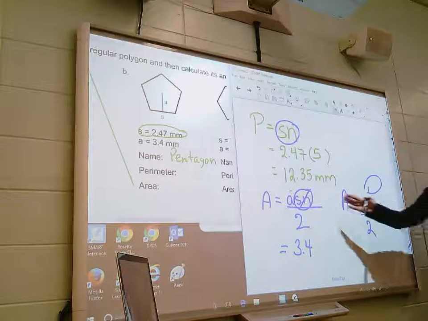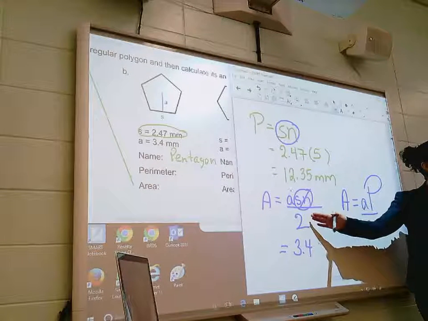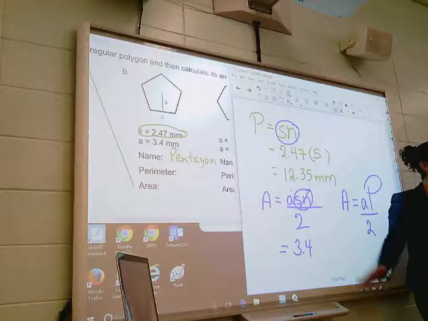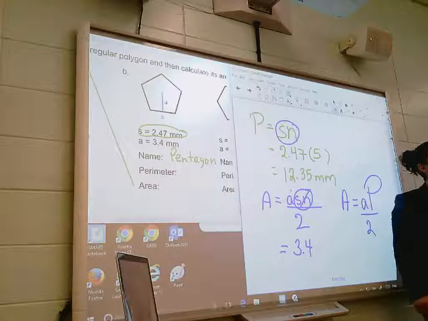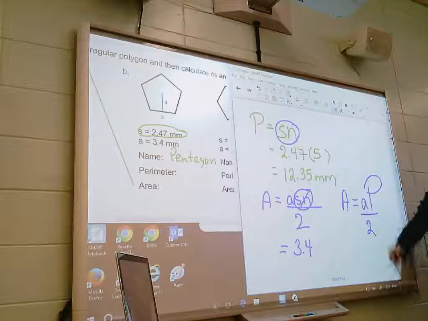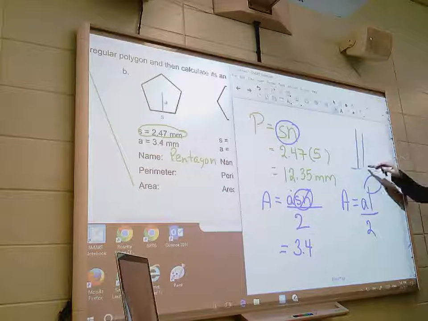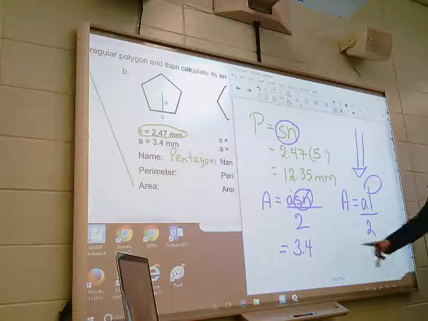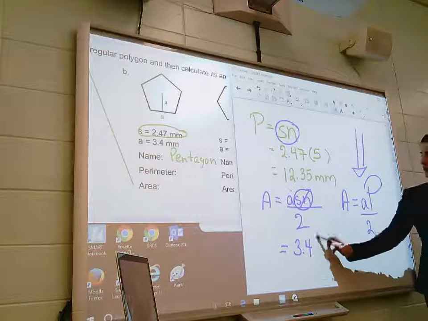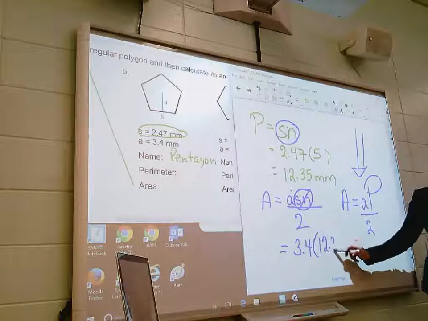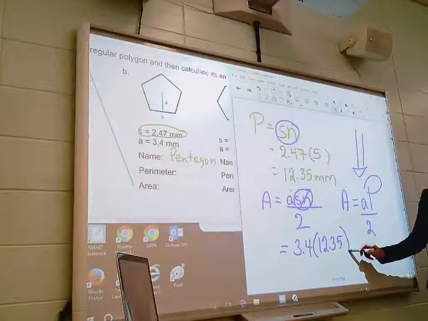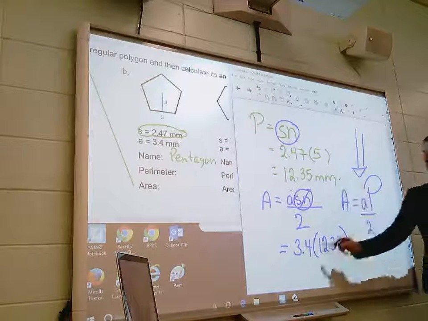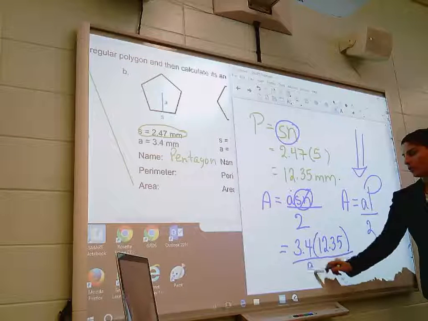No. You could always use the ASN divided by 2. But sometimes they're going to give you the perimeter, so you might as well use this formula. The answer to this is 3.4 times 12.35. Where do I get 12.35? It's the perimeter divided by 2.